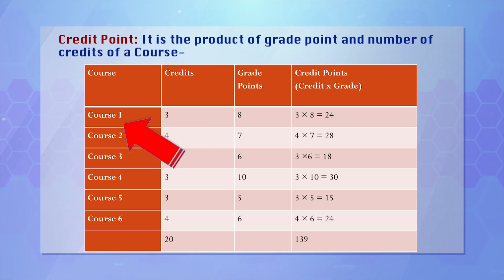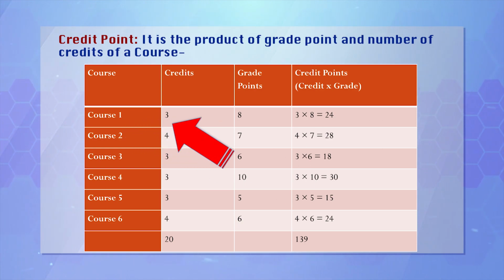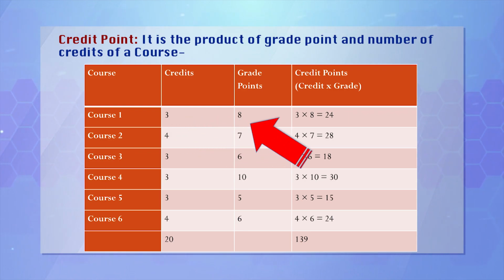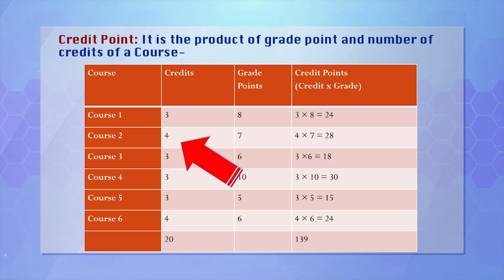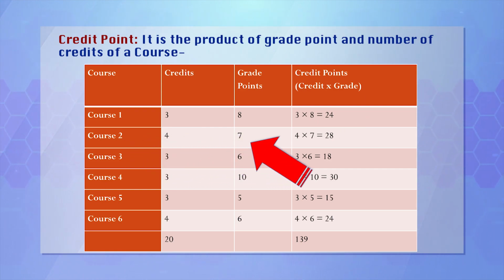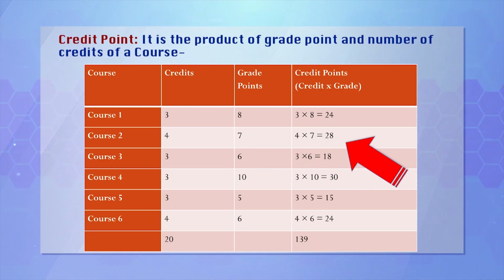In course 1 there are 3 credits and 8 grade points, so the credit point will be 3 into 8 is equal to 24. In the same way, in course 2 there are 4 credits and 7 grade points, so the credit point will be 4 into 7 is equal to 28.